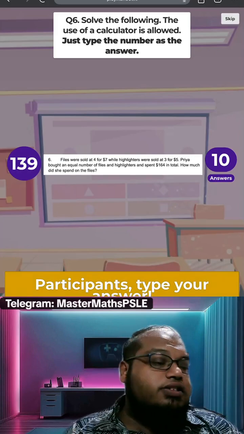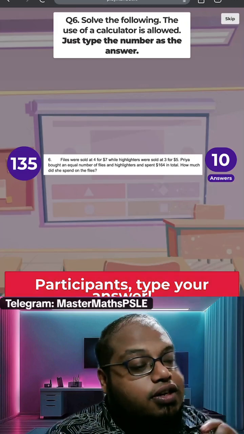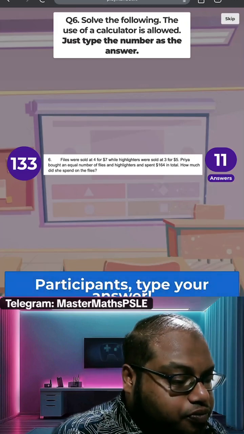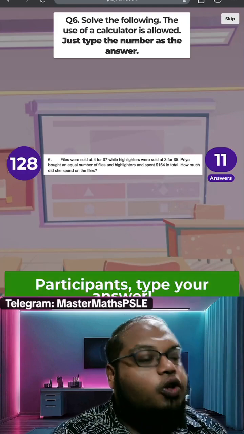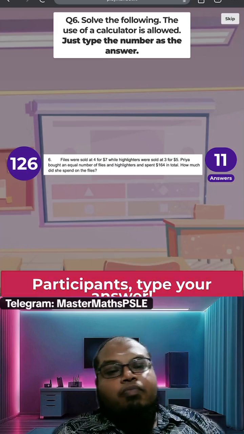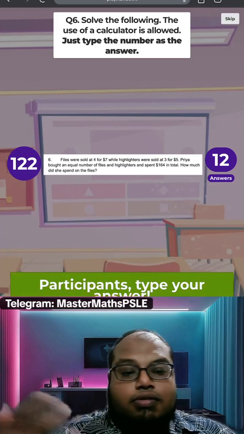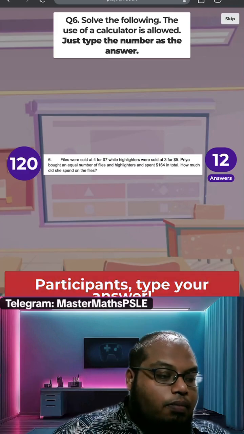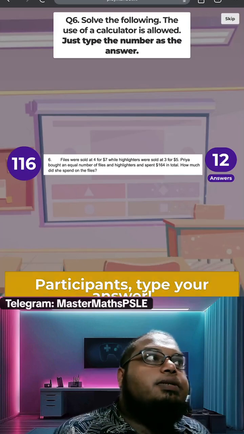Two more minutes. Again, remember just now I mentioned the keyword here is that she bought an equal number. So maybe for example, she bought 5 files and 5 highlighters, or 10 files and 10 highlighters, or maybe 15.